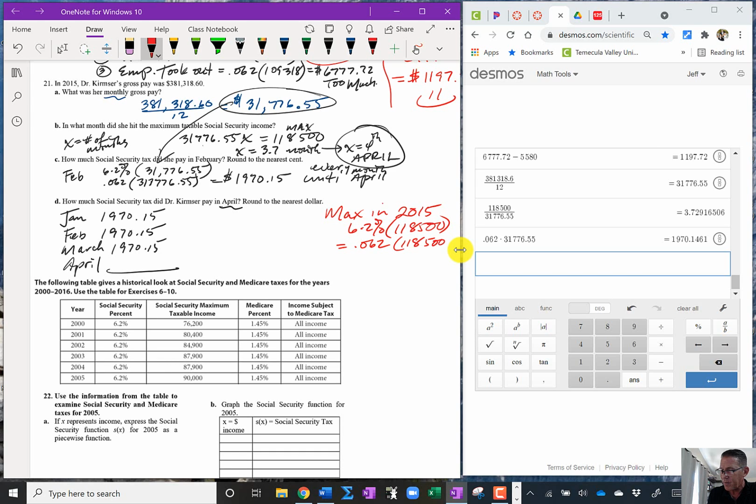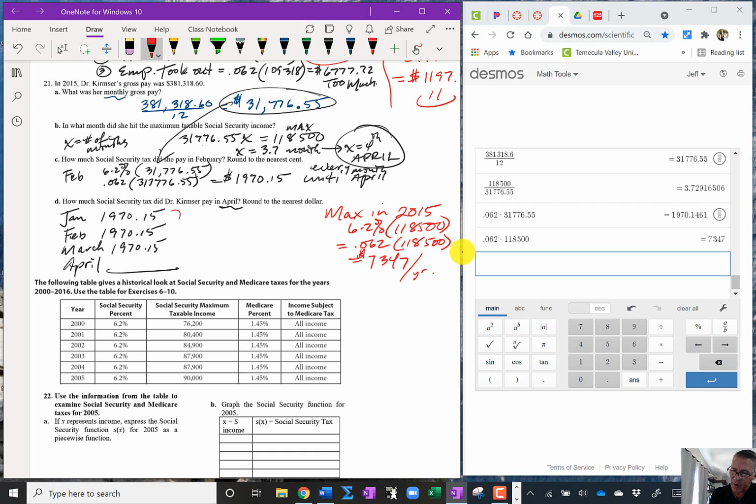We take 7,347 minus what the first 3 months added up to, 5,910.45. So what she needs to pay in April is roughly $1,436.55.